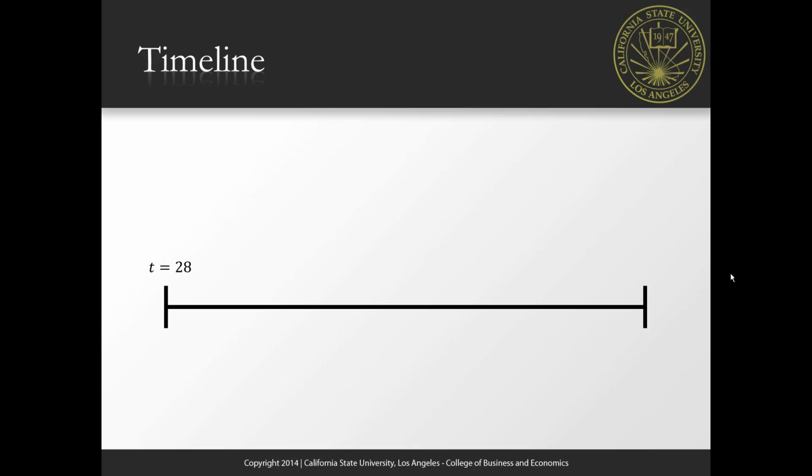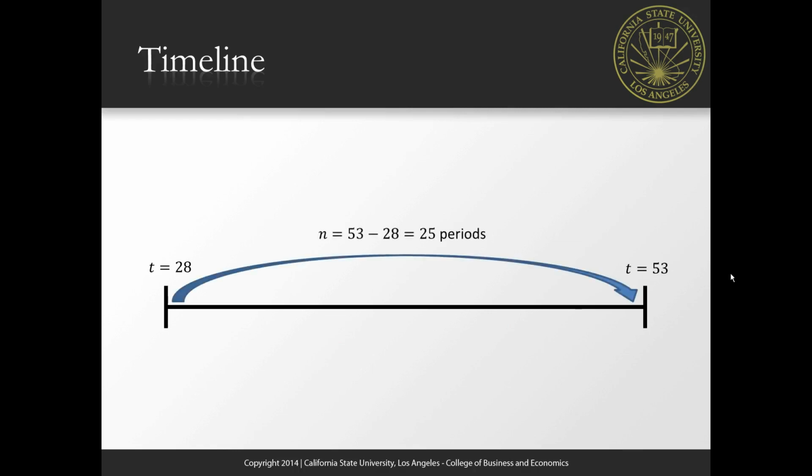So we begin compounding in 28 periods, and we will end our compounding in 53 periods. So the gap between those is simply 53 minus 28 periods. The number of periods between time equals 28 and time equals 53? Well, that's just 25 periods.